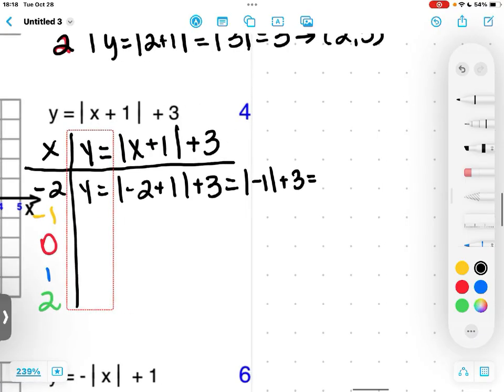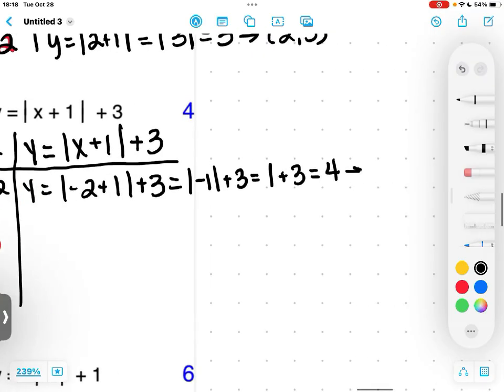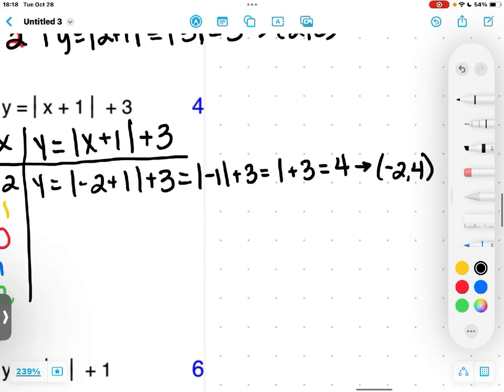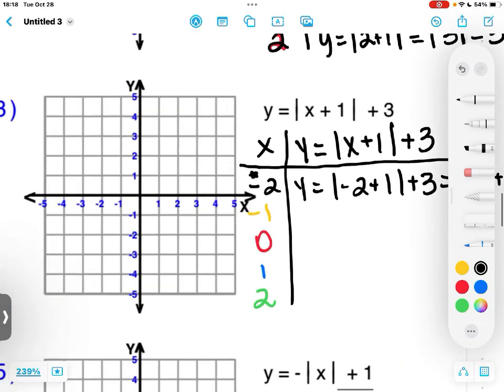The absolute value of a -1 is a +1 plus a 3, which would give me a 4. This gives the point of -2, comma 4. You would take the x value that we were given at the beginning, and that would be the x for the point. And then what we solve for would be the y. So this first point that we have is a -2, +4.